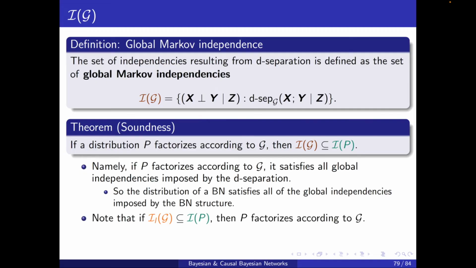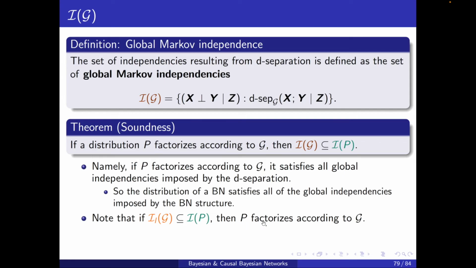Good. Now, if ILG is a subset of IP, for P, always, just if you want to remember something, remember that table. So if ILG, the local independencies of G, are included in IP, okay? Remember in the summary, we had the table, we checked whether the local independencies are satisfied, and we said it's an I-map.